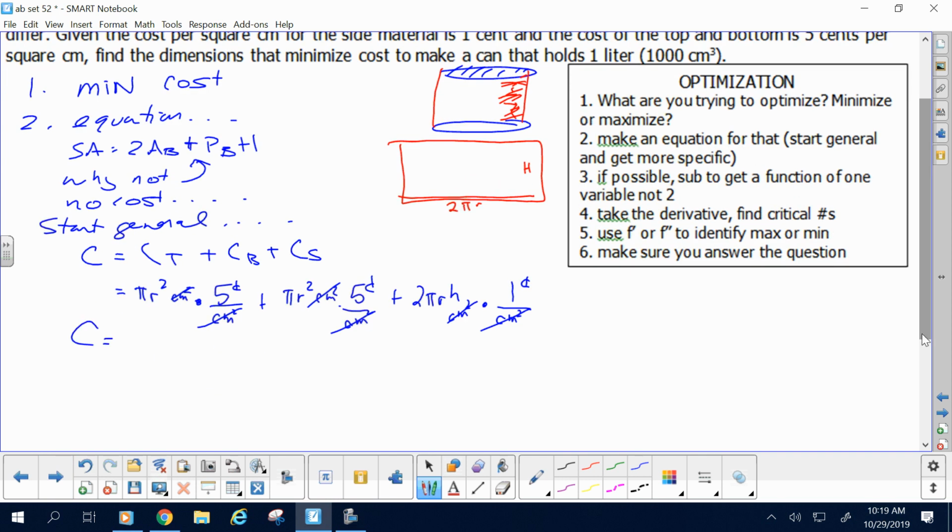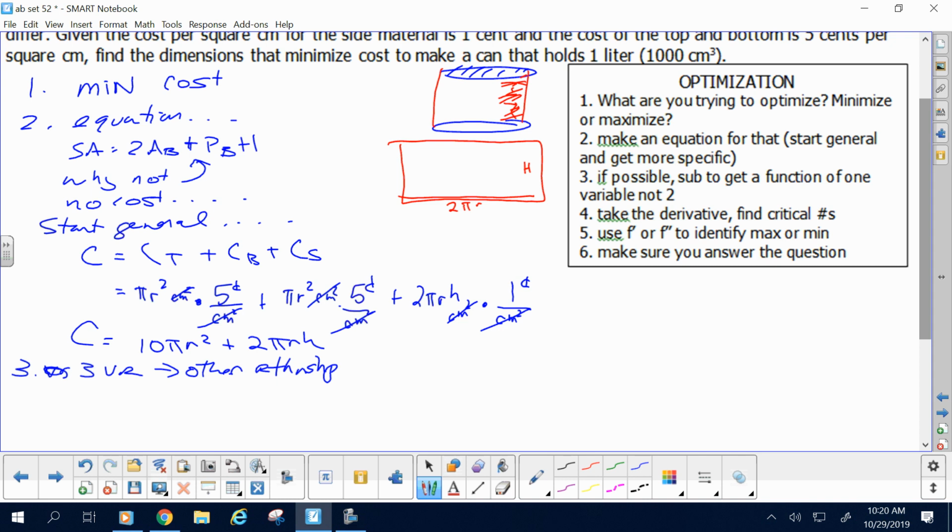So don't you get something like 5 pi r squared plus 5 pi r squared, or 10 pi r squared plus 2 pi r h, if I dump all the units out of it? Yep. Okay, cool. All right, there you go. That's 3 variables I heard. 3 variables is bad. Number 3. What's another relationship?